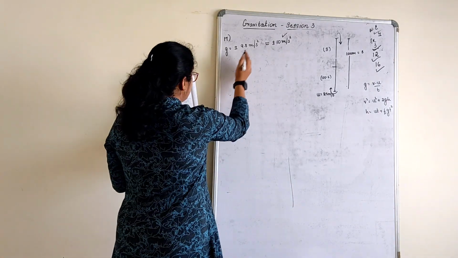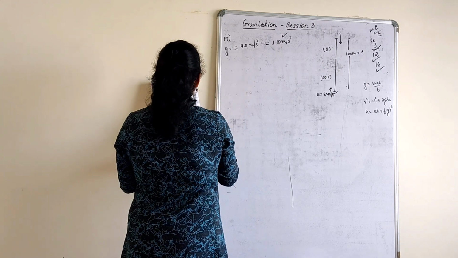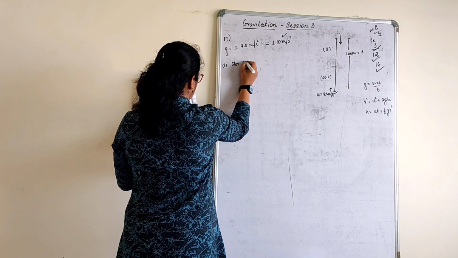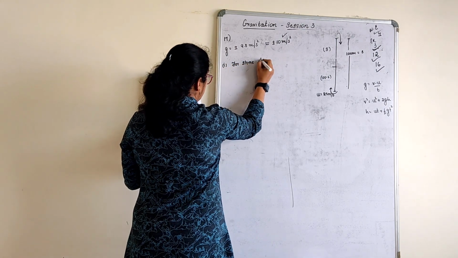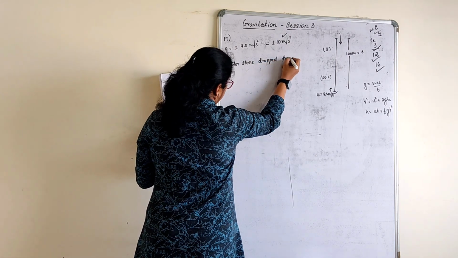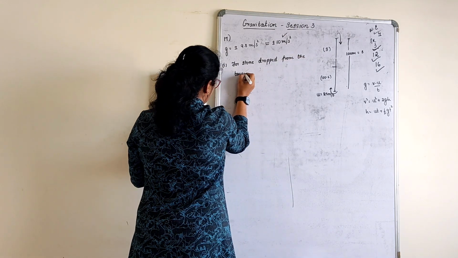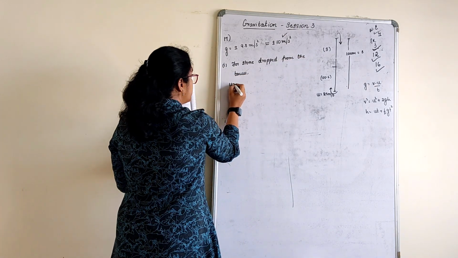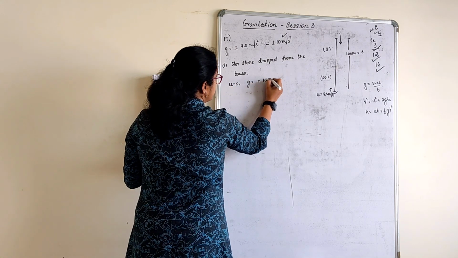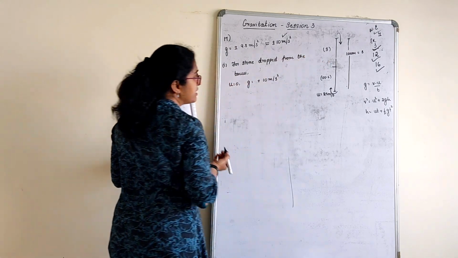Now, first of all, let us calculate when it is coming in the downward direction. First part, for stone dropped from the top. If the stone is dropped from the tower, u is 0, g is plus 10 meters per second square, and s is s only here.